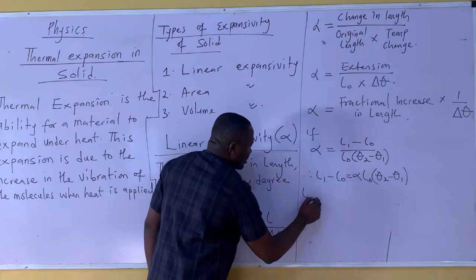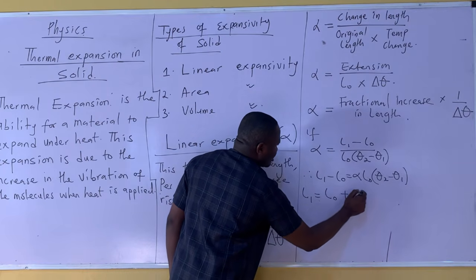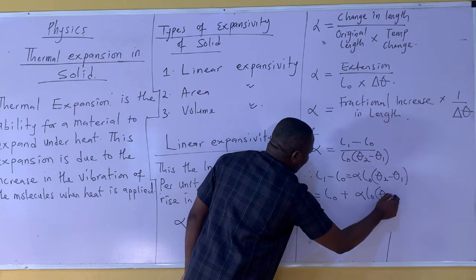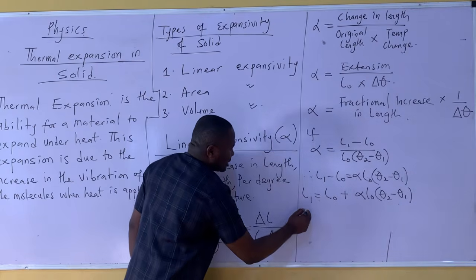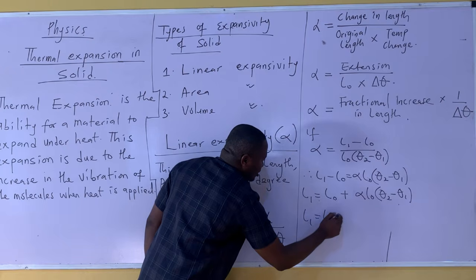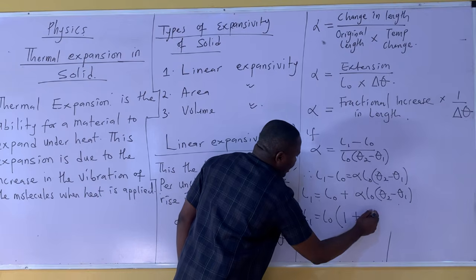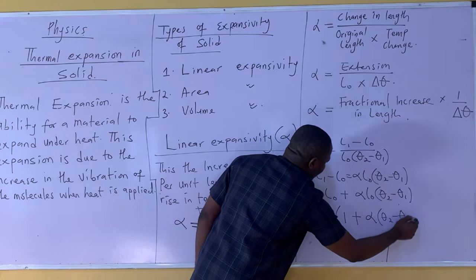Now, what is L1 equal to? L1 is equal to L naught plus alpha L naught, open bracket, theta 2 minus theta 1. What is common here? L naught. So L1 is equal to L naught, open bracket, 1 plus alpha, open bracket, theta 2 minus theta 1.